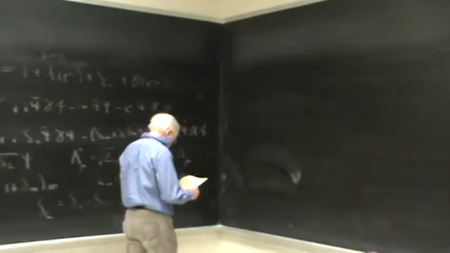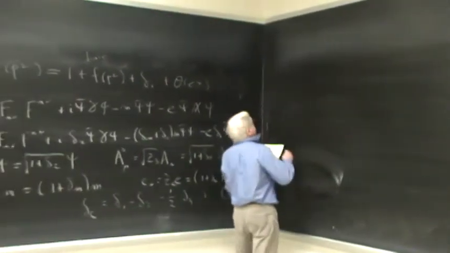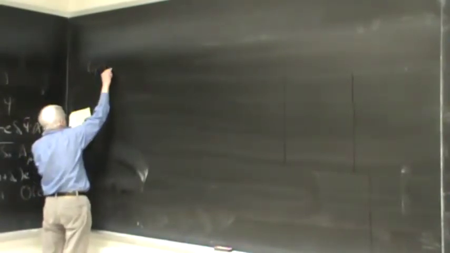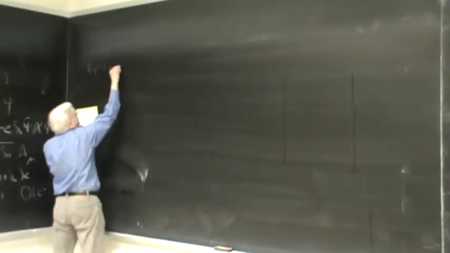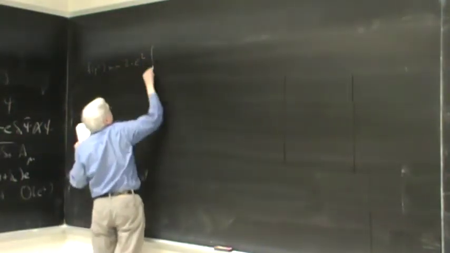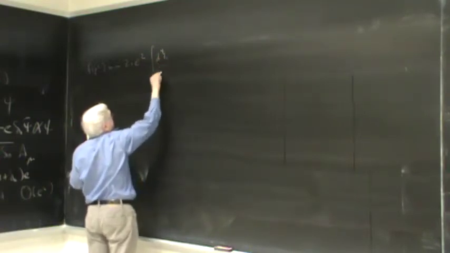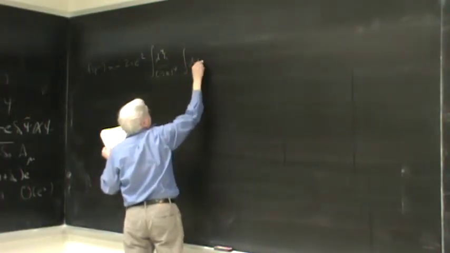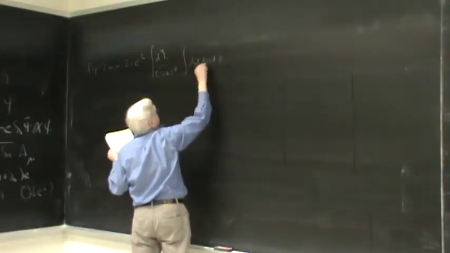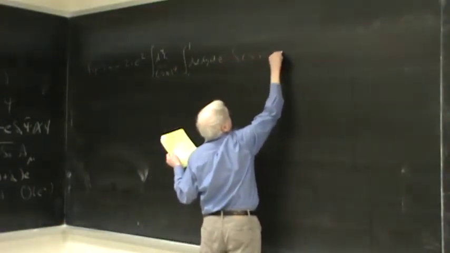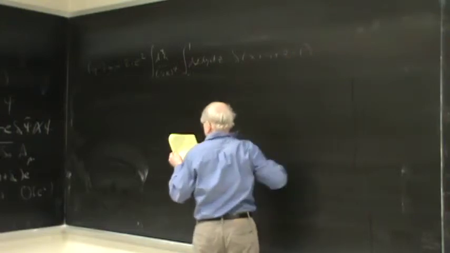And so, what was F of p squared? Well, that turned out to be minus 2i e squared, integral d4k over 2 pi to the 4th, integral dx, dy, dz, all from 0 to 1, again delta of x plus y plus z minus 1.